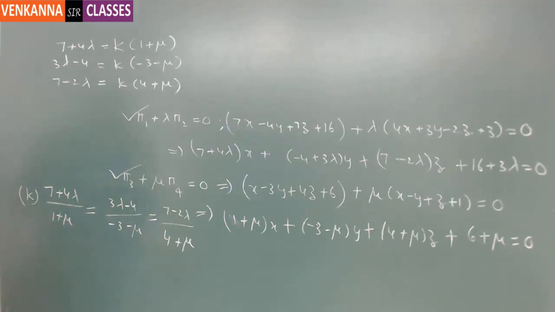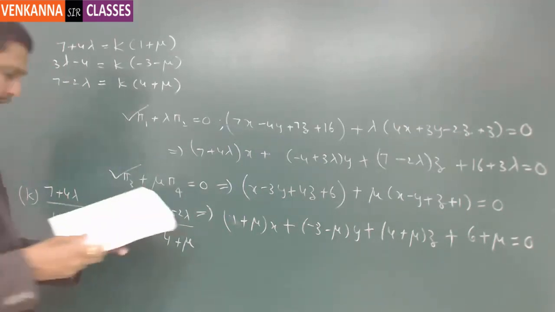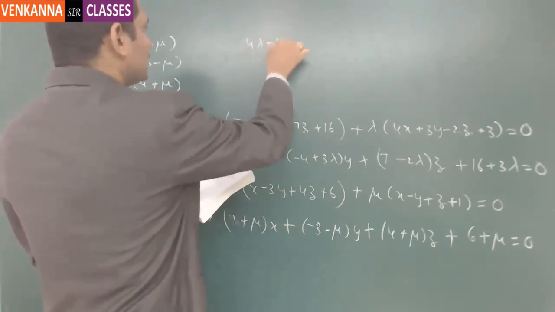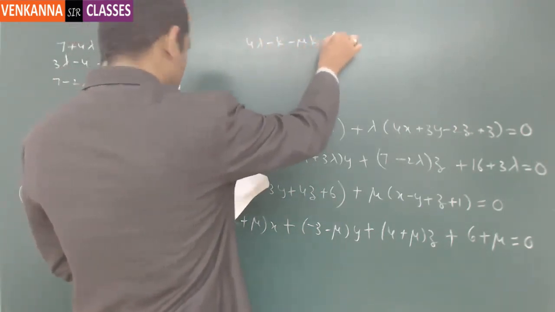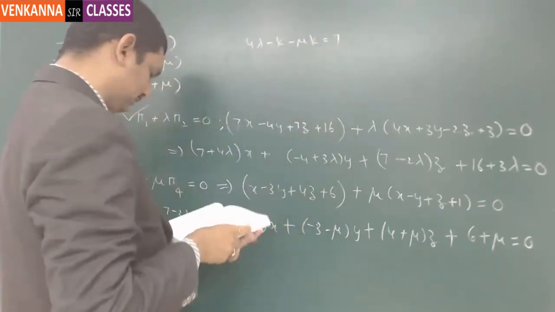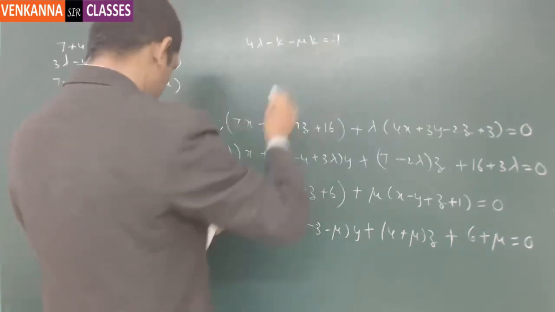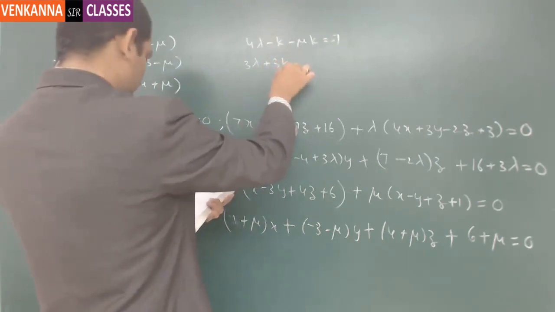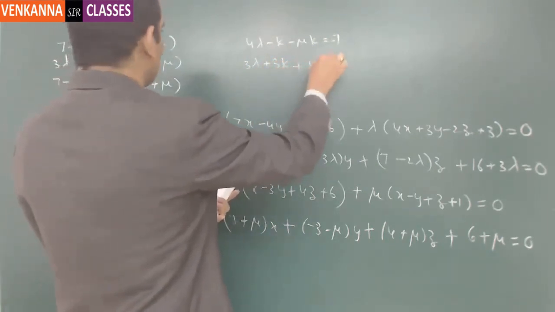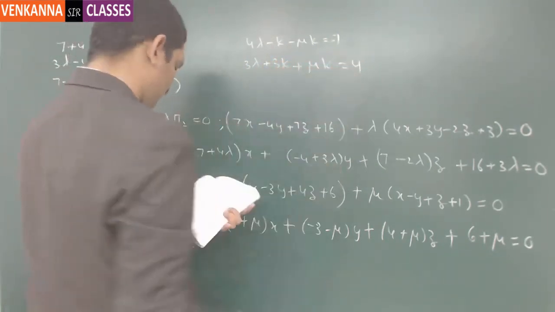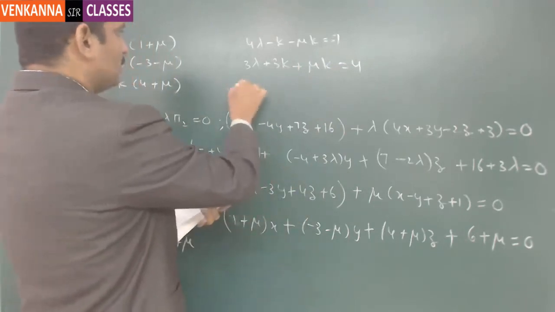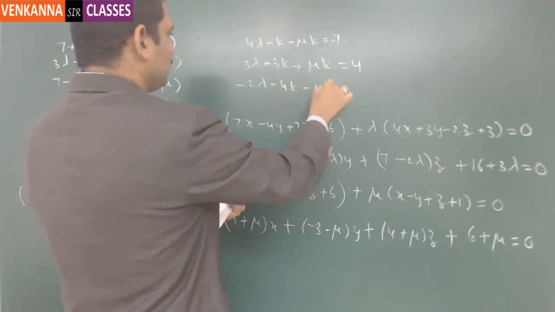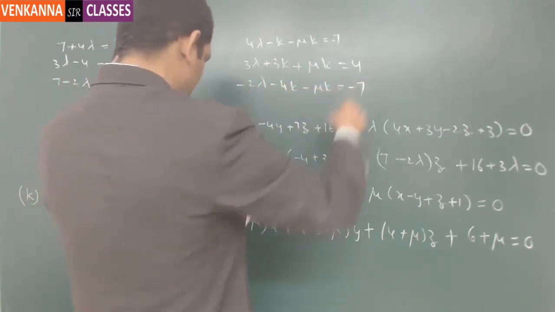I just want to write the respective equations. You will get 4λ − k − μk = −7... then 3λ + 3k + μk = 4, and −2λ − 4k − μk = −7.